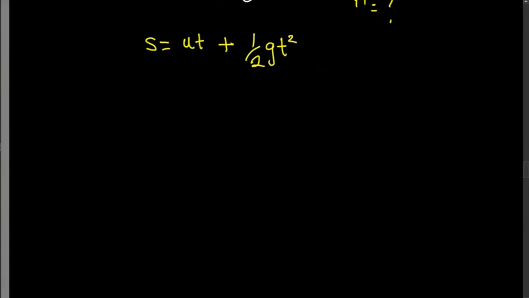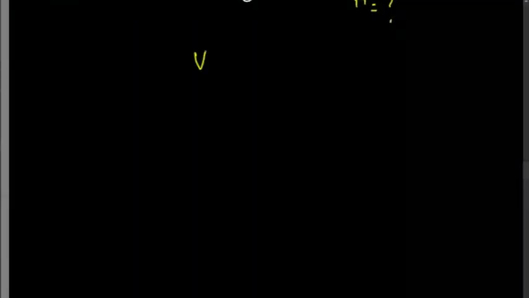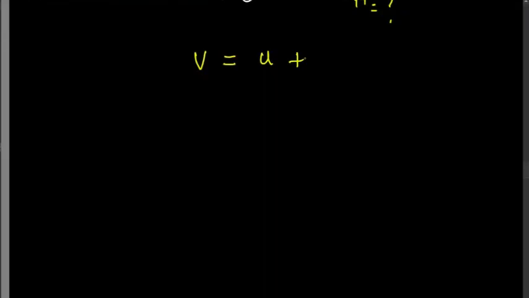Let me start with something easy first. So V is equals to U plus AT. I want to make acceleration the subject of formula in this equation. Do that and send the image to the group now. I want to make acceleration the subject of formula.